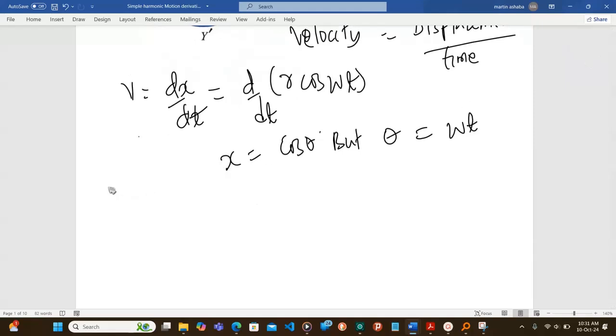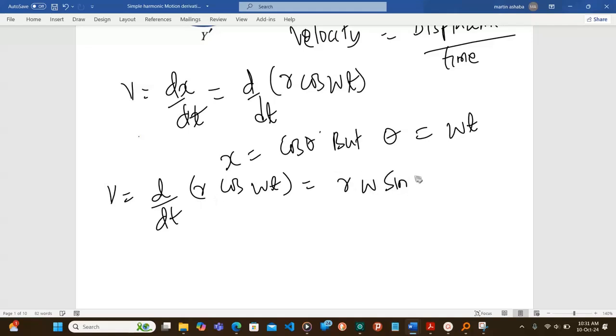So what does that mean? v will be d/dt of r cos omega t, so I will have r omega sine omega t. This has a negative, but I'm going to take the magnitude.